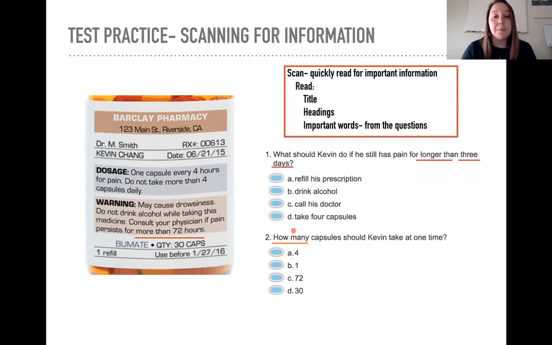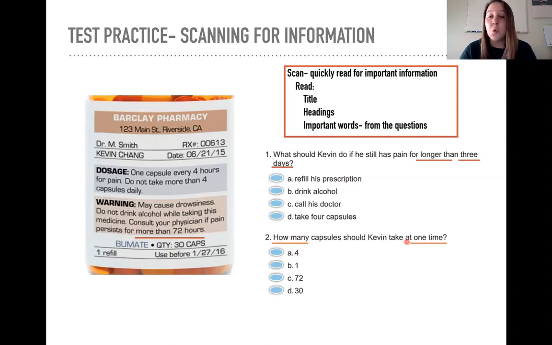So if someone says how many of something, what is the answer? The answer is a number. Sorry, that question wasn't great. But if you ever hear a question that starts with how many, you're going to be looking for a number. So because the question word is how many, we know that we're looking for a number.